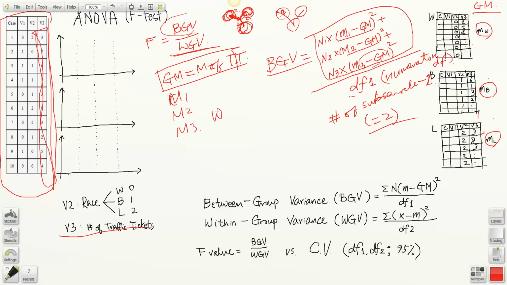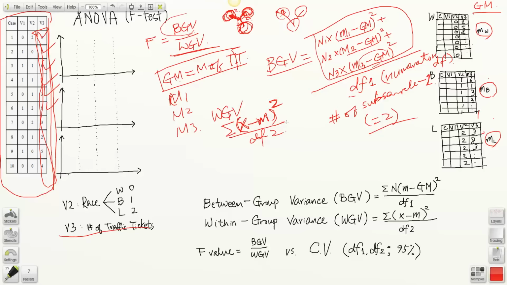Now this is a little bit more complicated, within group variance. It's not really complicated to understand, but it's just more calculation. Now what you're going to do is simple as this. For each and every case, like all of these, each and every case, you subtract the subsample mean and then square it and then add up all of them together.